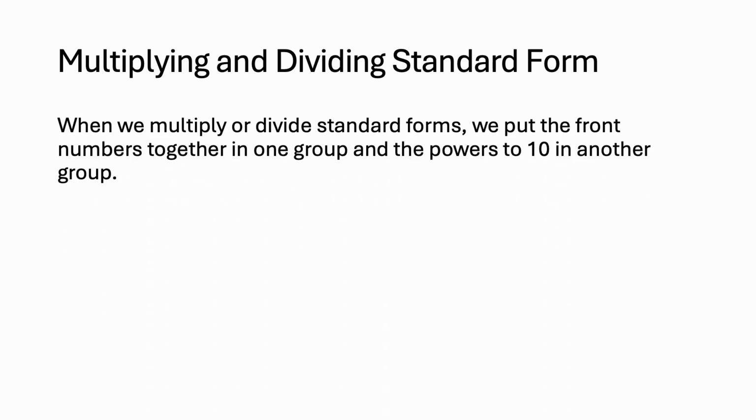Okay, now we're going to look at multiplying and dividing standard form. When we multiply or divide standard forms, we put the front numbers together in one group and the powers of 10 in another group.